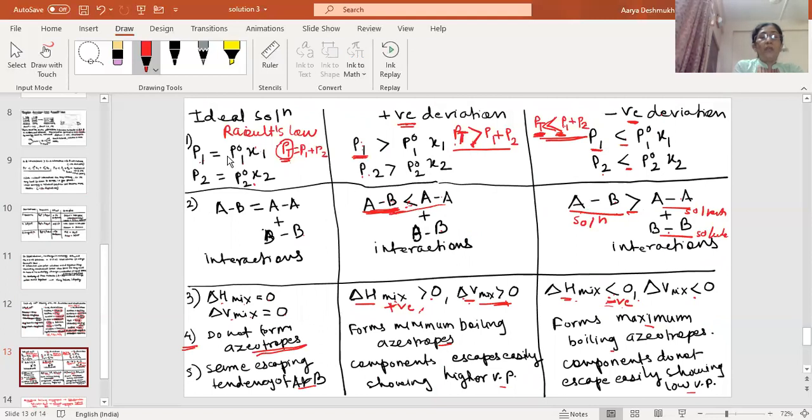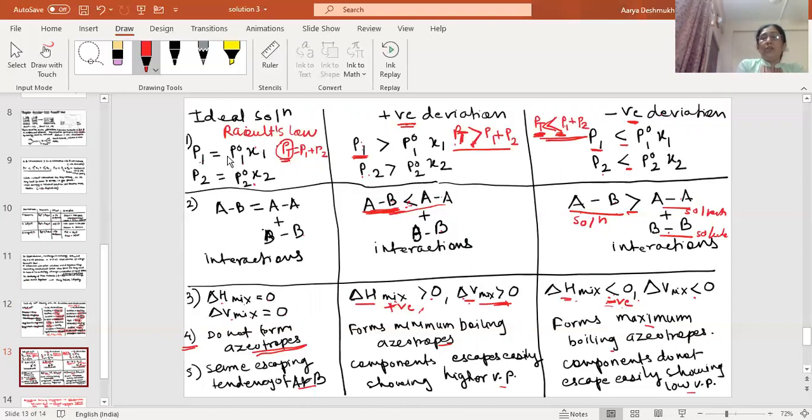P1 is the partial vapor pressure of component A or 1, and P2 is the partial vapor pressure of component 2 or B. The addition of these two should be equal to the total vapor pressure of the solution. But when the solution is showing positive deviation, the total vapor pressure would be greater than P1 plus P2, because P1 is greater than P01 into X1 and P2 is greater than P02 into X2. This was also discussed earlier.